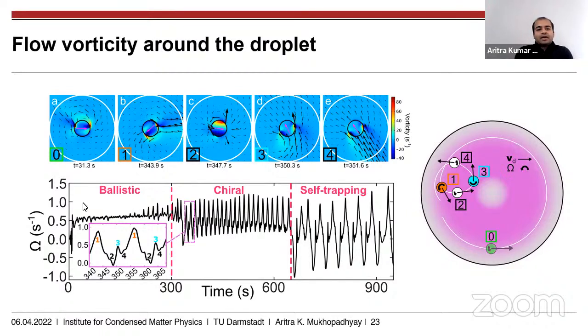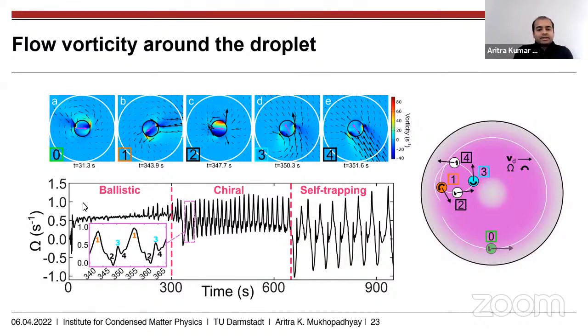And we calculate the average vorticity of the fluid in this region surrounding the droplet. In the ballistic phase, the average vorticity is almost constant. It's positive, around 0.5. This is because the droplet is slowly turning, showing a circular motion around the Petri dish, and there is a characteristic value for that motion.